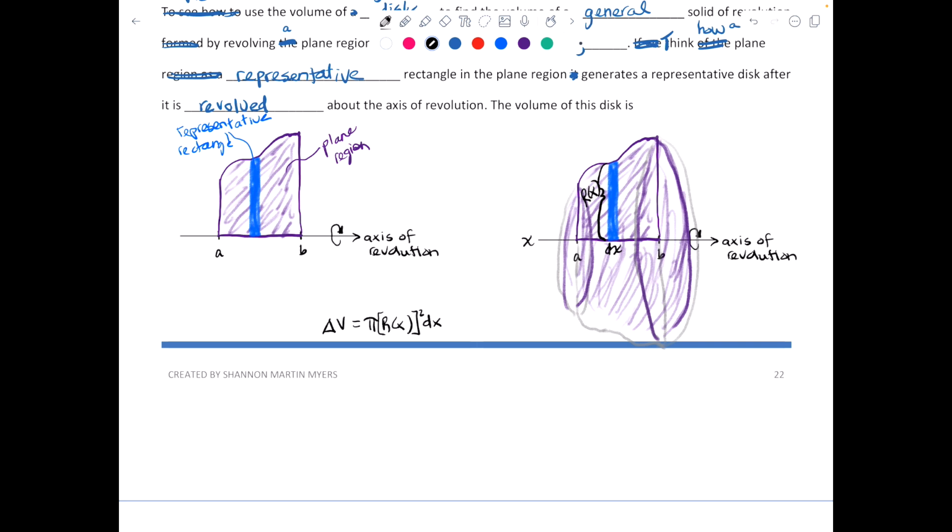Well, let's keep it in differentials. So in differentials, you'd have delta x. We'll make it a regular partition. So this would be delta x.